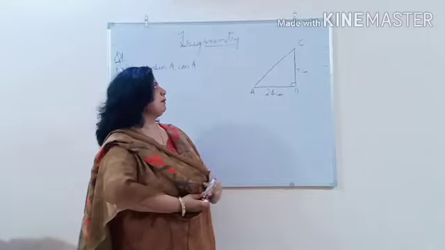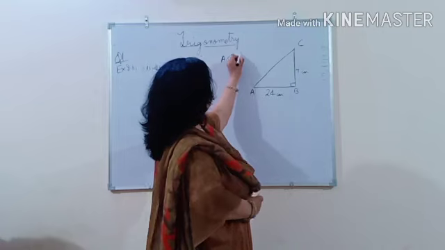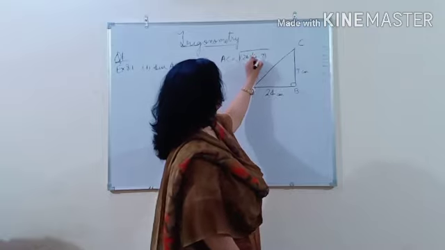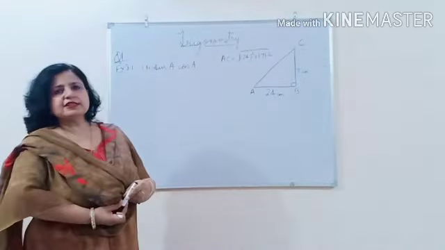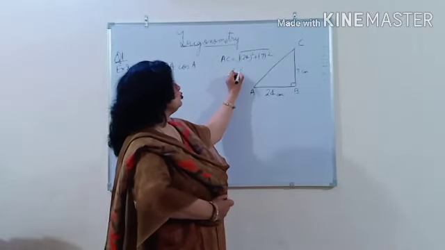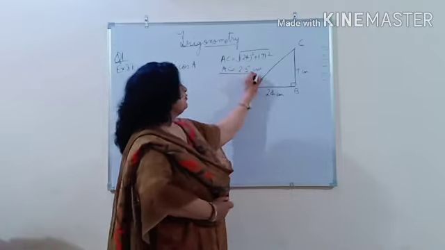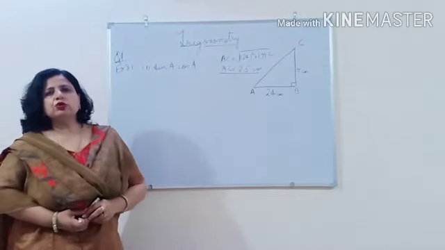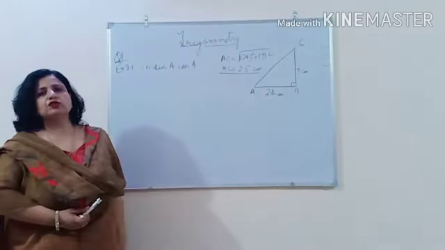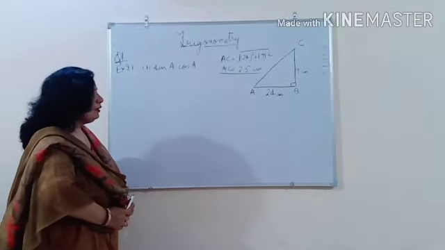So by using Pythagoras theorem, AC will be equal to under root of 24 square plus 7 square, and if you solve it, it will come out to be 25 centimeter, as you already know a few common Pythagorean triplets. 7, 24 and 25 are Pythagorean triplets, meaning they are the sides of a right triangle. So AC is 25 centimeter.